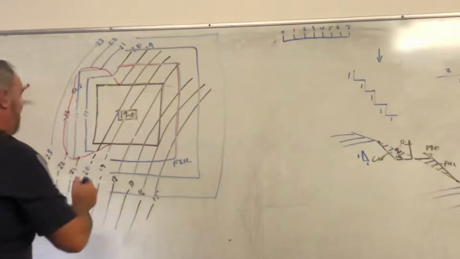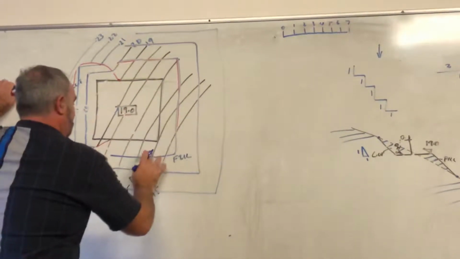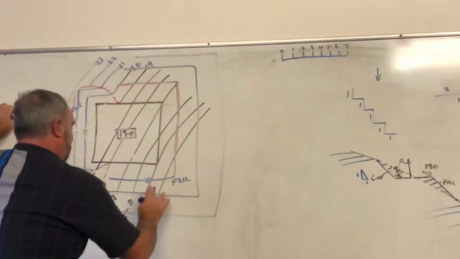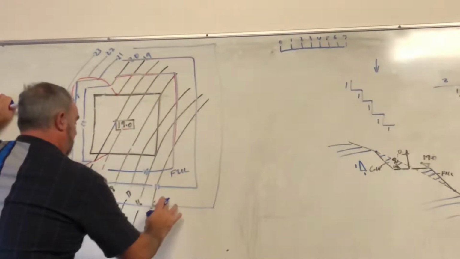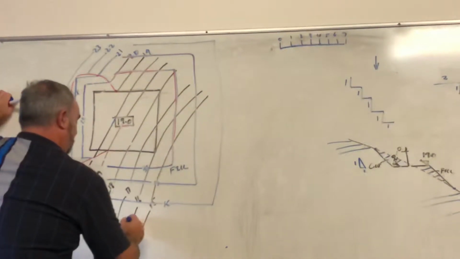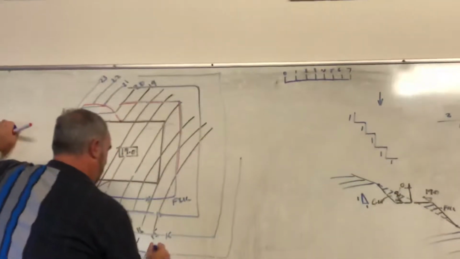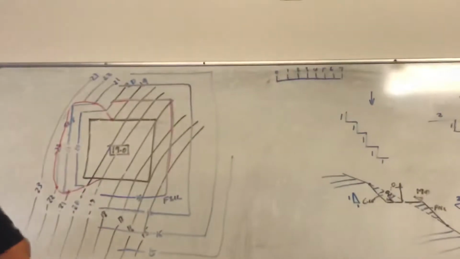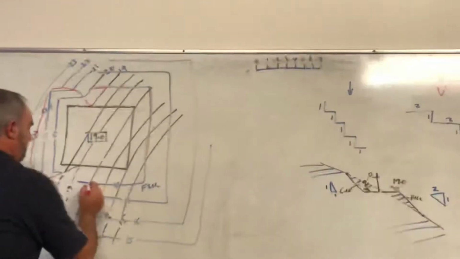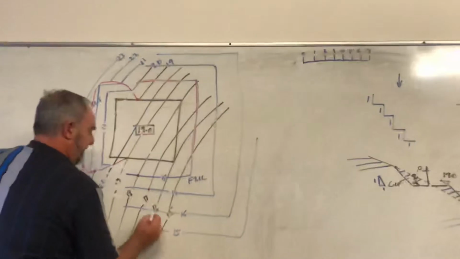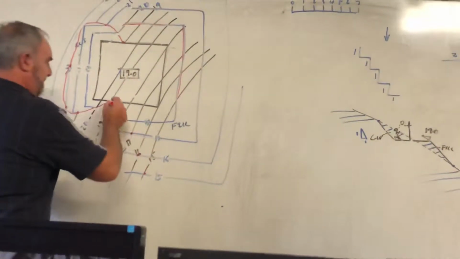Okay, so we're looking at 18, 17, 16, and there'll be a 15 around here as well. So we have to pick the points where they touch, so there'll be 18, 17, 16, 15.